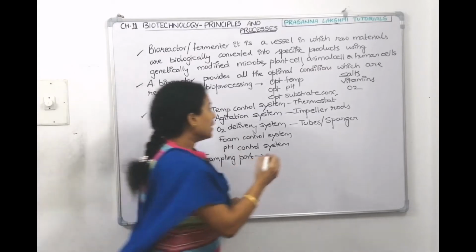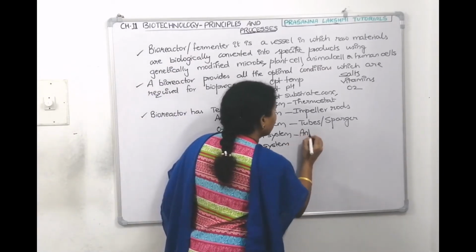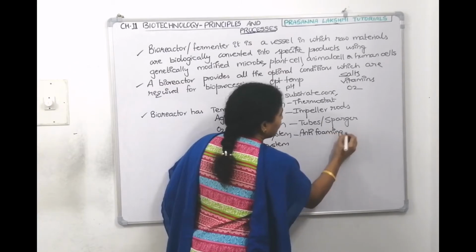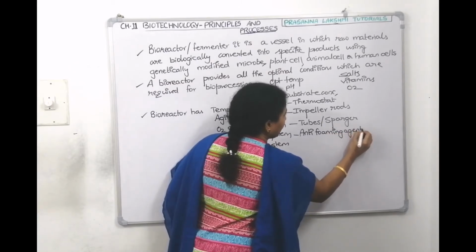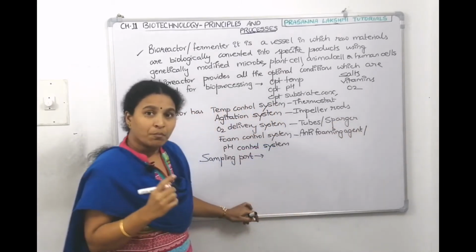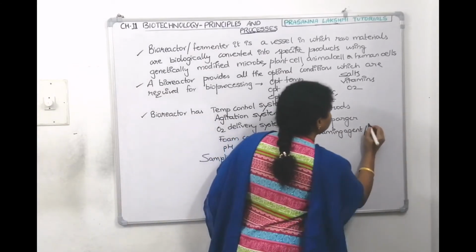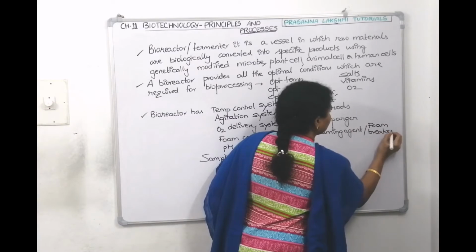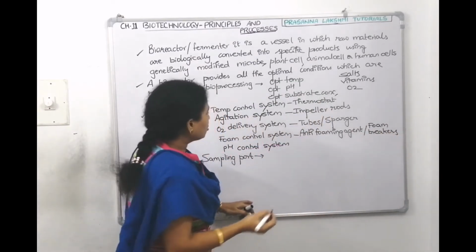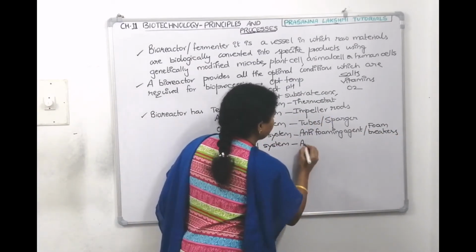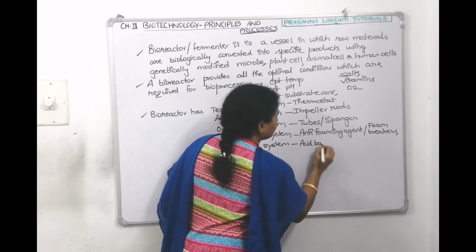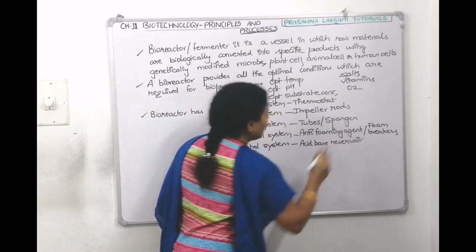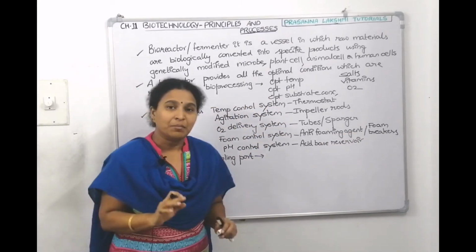Foam control system is by using anti-foaming agent, or by foam breakers, blades. Then pH control is done by adding acid and base from an acid-base reservoir.